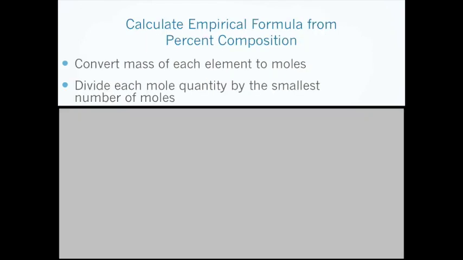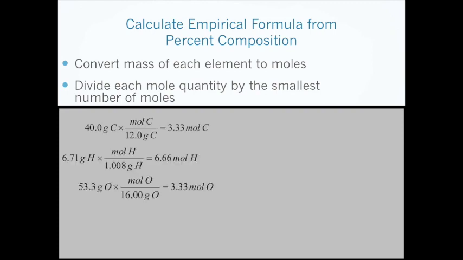and then convert the mass of each element to moles. Once we've converted the mass to moles, we'll divide the mole quantity by the smallest number of moles to gain whole number ratios so that we can put them into our formula.